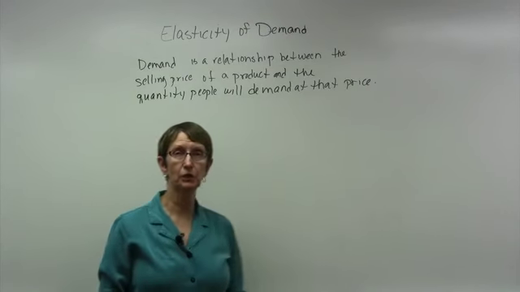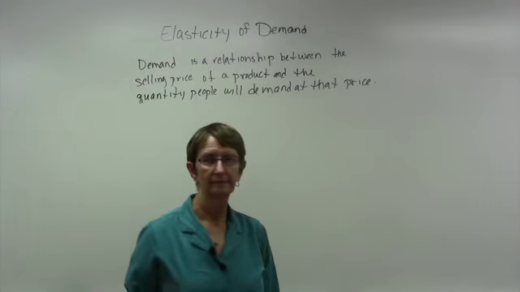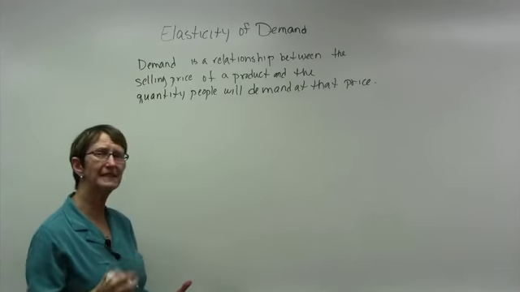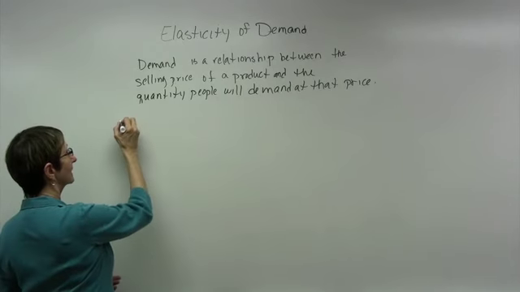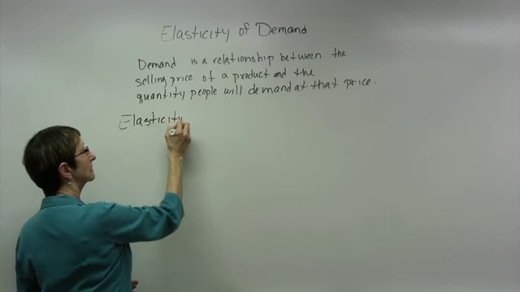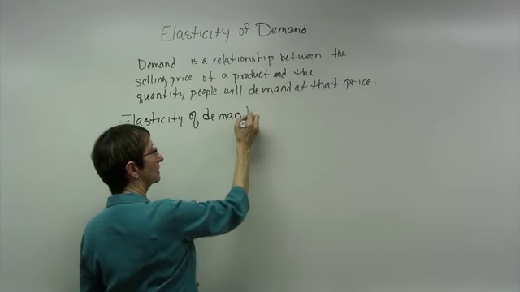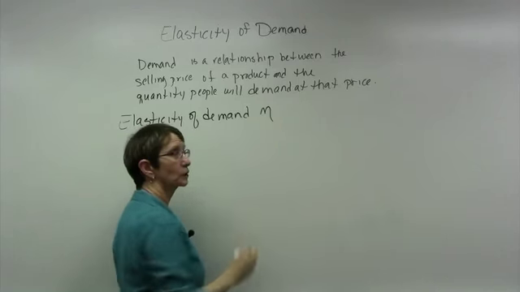Now let's look at the definition of elasticity. Okay, let's look at what some of these pieces of the definition mean. Elasticity of demand has a symbol that looks like that.